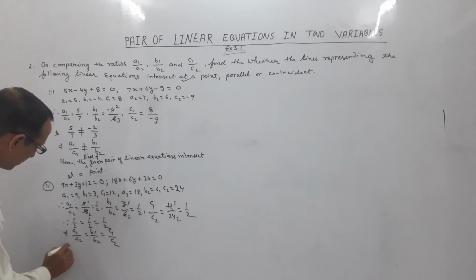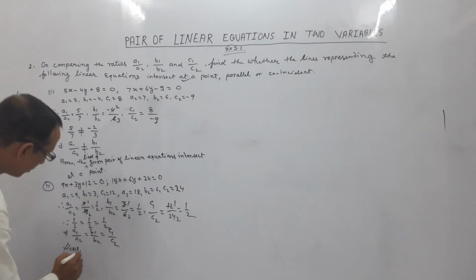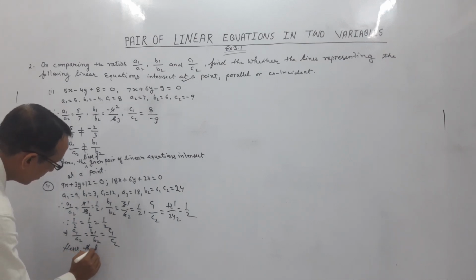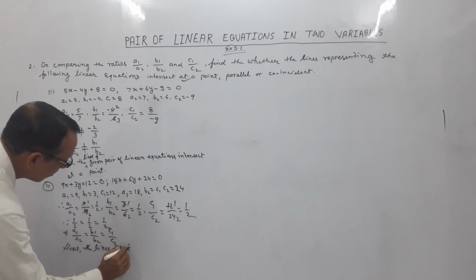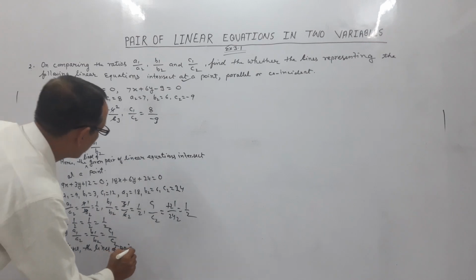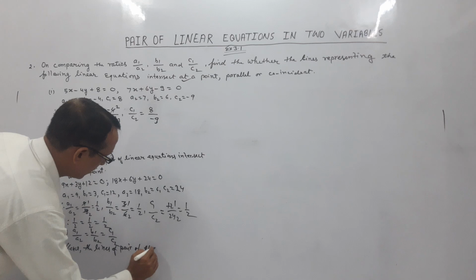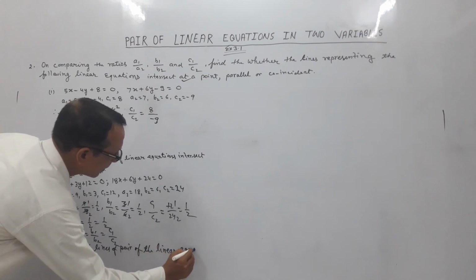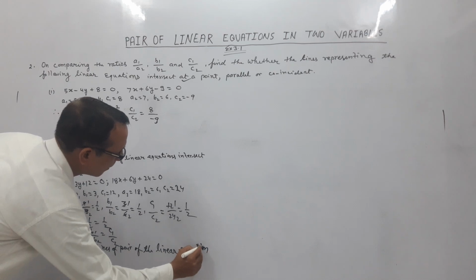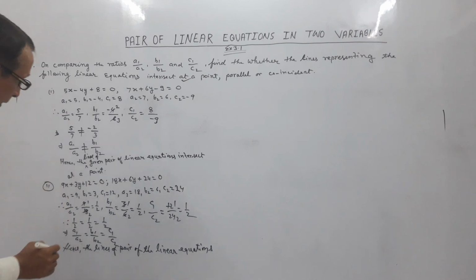So hence the lines of the pair of linear equations, all three ratios are equal.